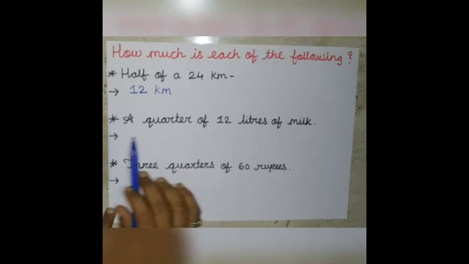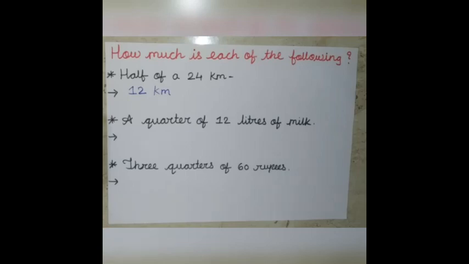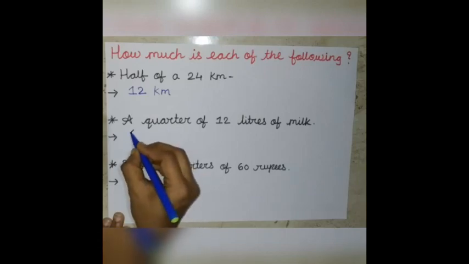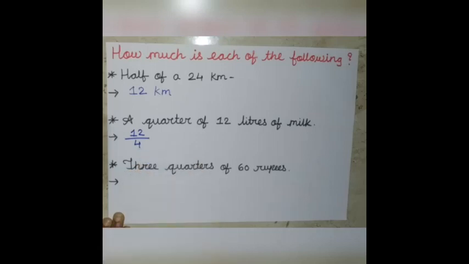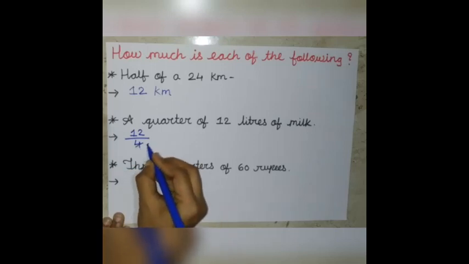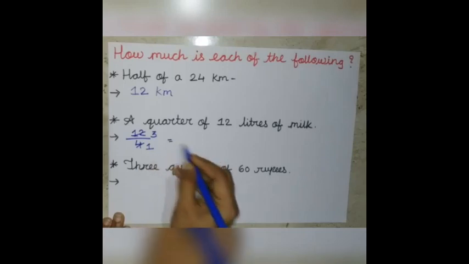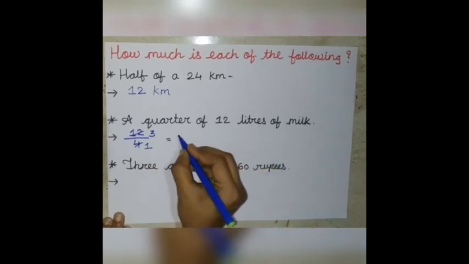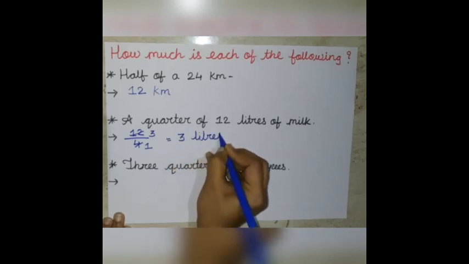Here we have to write the quarter part. Now in our previous example, we already studied if we want to find out the quarter part, we will divide the number by 4. 4 ones are 4, 4 threes are 12. So quarter part of 12 liters will be 3 liters.